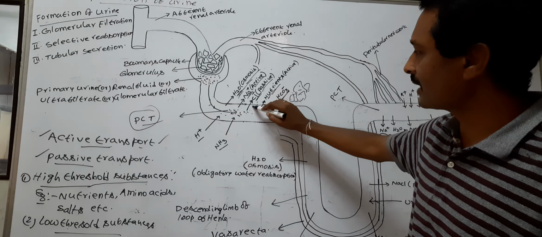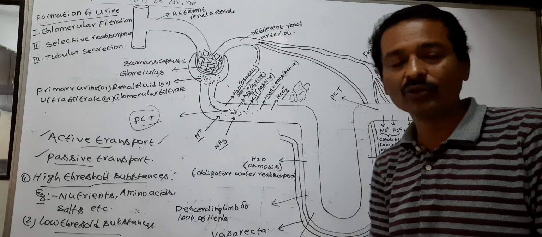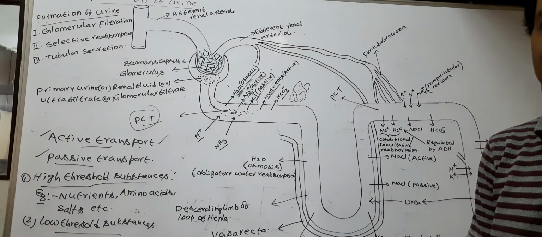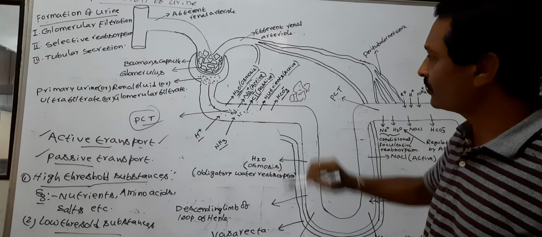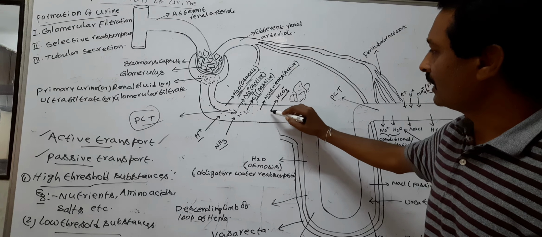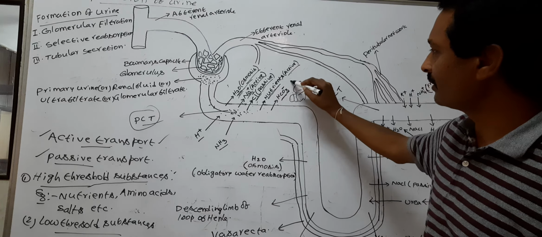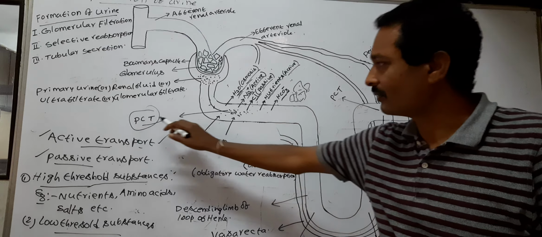So the chloride ions are transported by passive transport. Next, nutrients like glucose, amino acids, etc. are reabsorbed by active transport. Next, bicarbonate ions are also reabsorbed from primary urine into cortical fluid through the wall of the PCT.